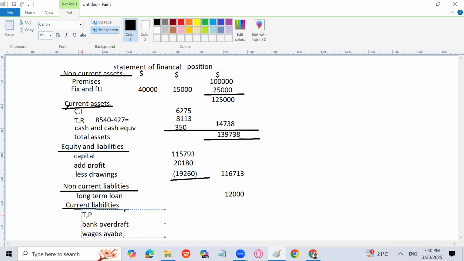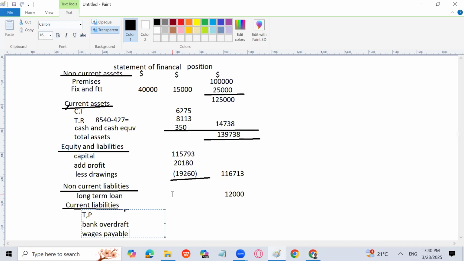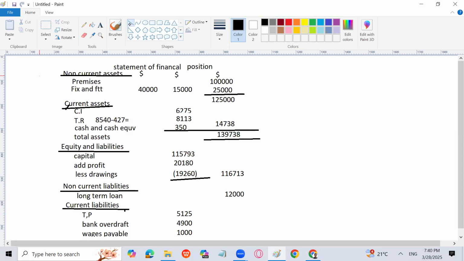Wages payable, wages accrued, outstanding wages, wages owing, accrued wages, these are all the same names and can be used interchangeably. So trade payables are 5125, bank overdraft is 4900, and wages accrued are 1000.